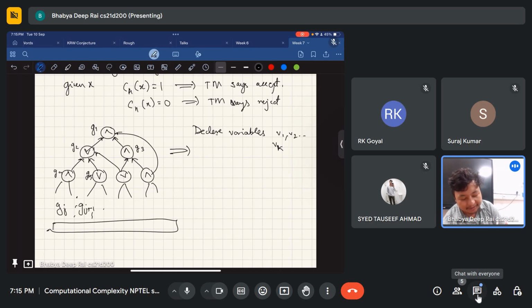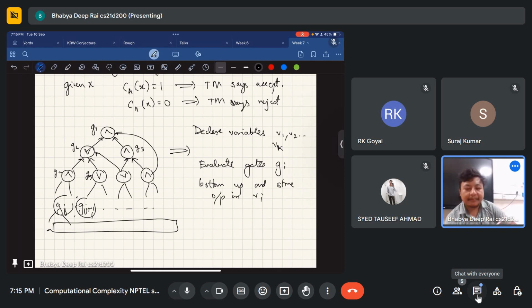Evaluate gates Gi bottom up and store the output in Vi, and you keep doing this. Go bottom up and evaluate each of them, and then if the output gate, which is G1 for us, is equal to 1, then accept, else reject.